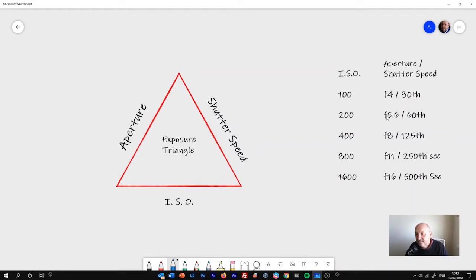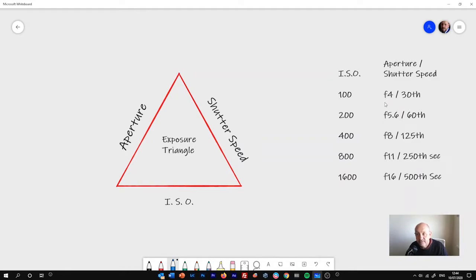And you'll see then that both the aperture and the shutter speed have increased by one stop. So if we set the ISO to 200, instead of f4 at a 30th, we've now got f5.6 at a 60th of a second, to give the same exposure.